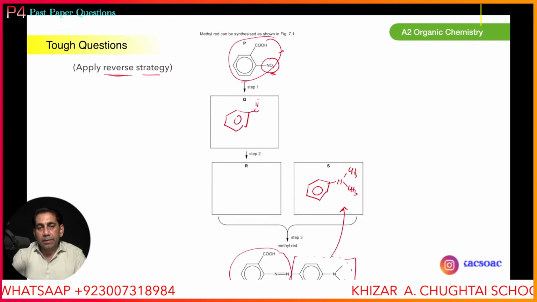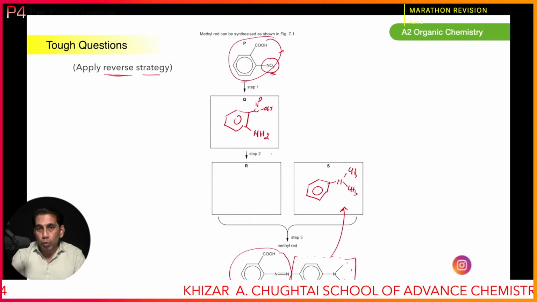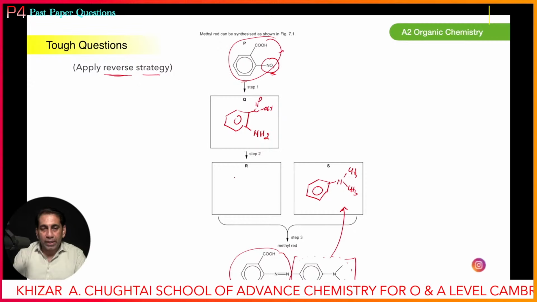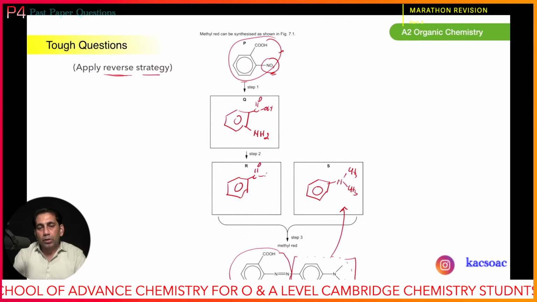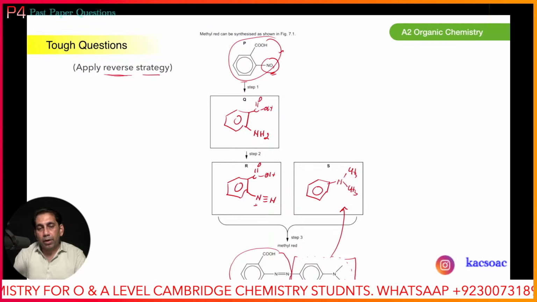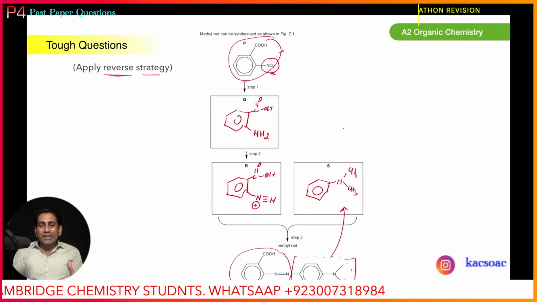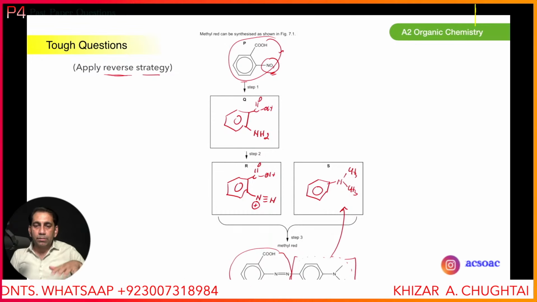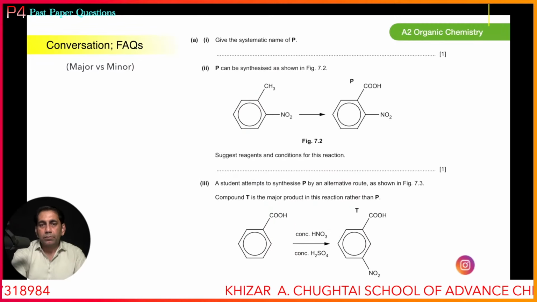It will be C double bond O, OH, and here is NH2. That is reduction. In the next step, that is diazotization. It is like that: C double bond O, OH, and it is going to change into nitrogen double bond, and here must be at least a positive charge. So this is the sequence, and I sorted it out with a reverse strategy, moving in a reverse direction. So these are the 3 possible answers.